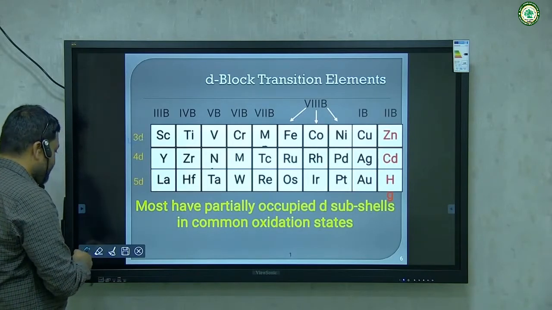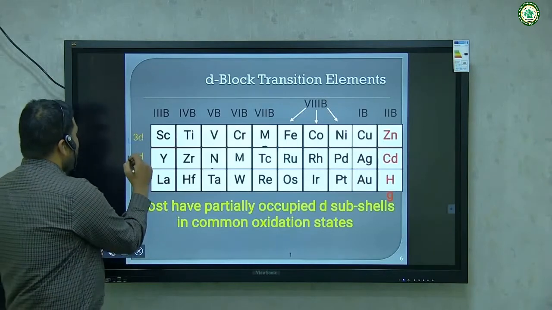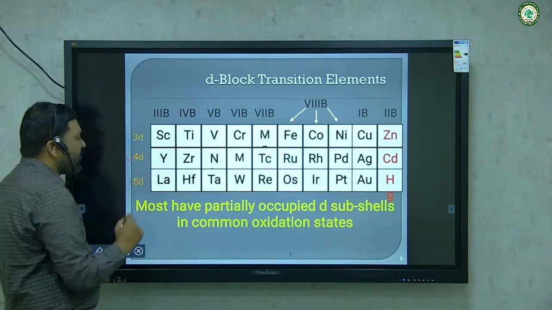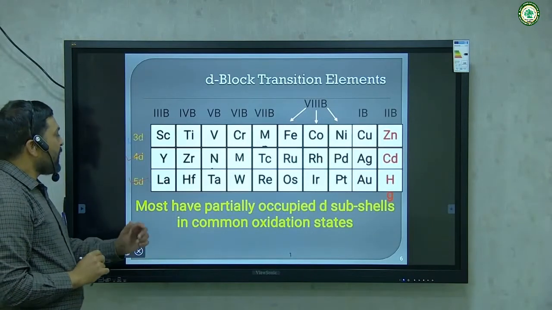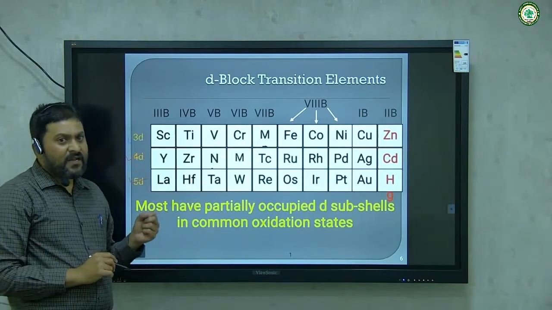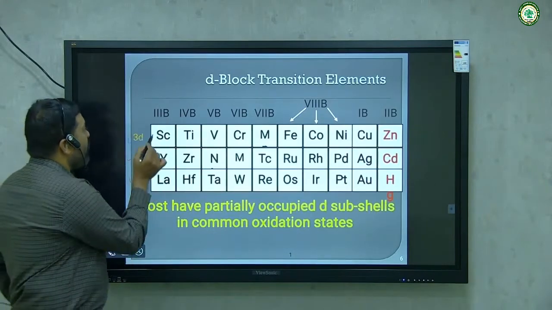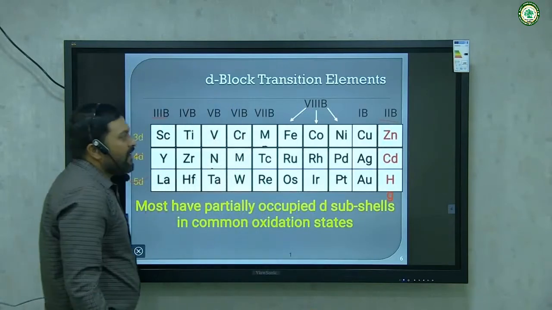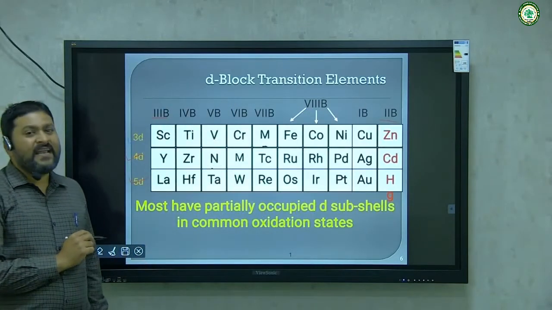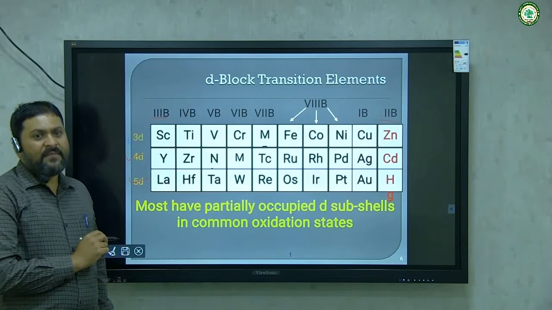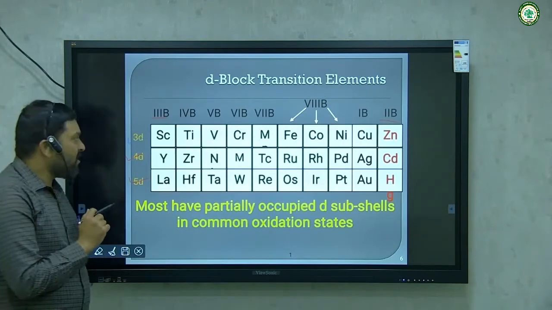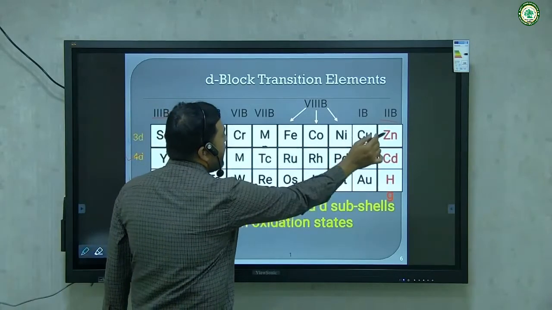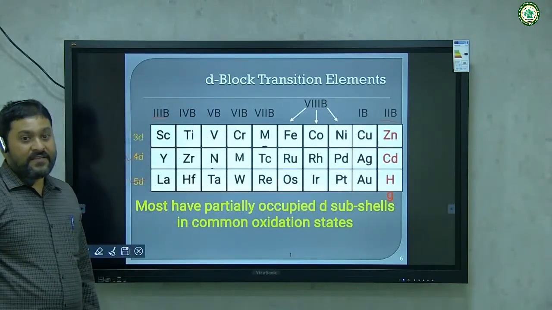Okay, 3d. Next here is the 4d series, and next here the 5d series. Three series are there. Okay, these D block elements start from group 3B and end at group 2B. Here there are a total of 10 elements present in each series. It starts from scandium, 1, 2, 3, 4, 5, 6, 7, 8, 9, and 10 elements are present in each series.